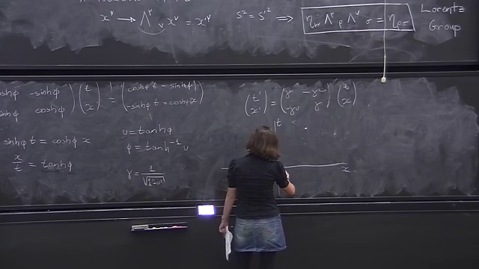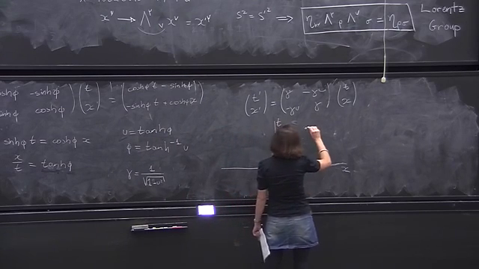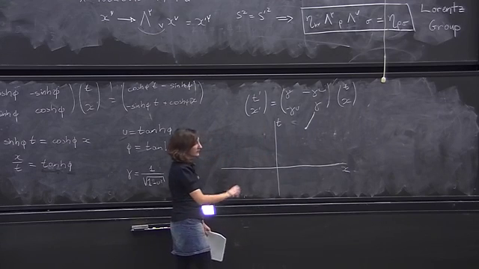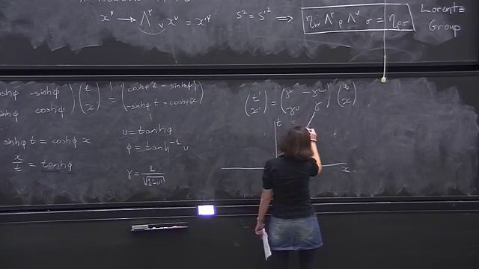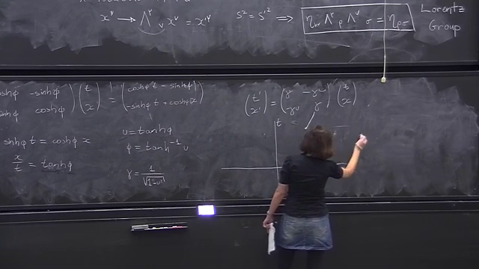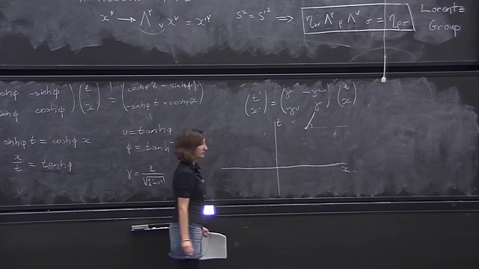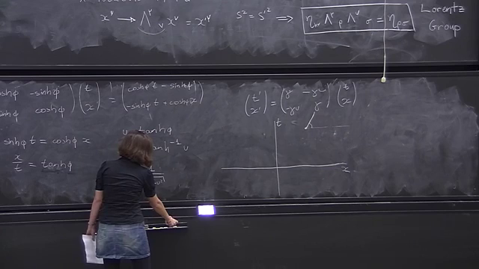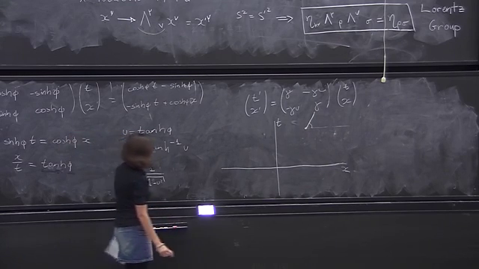So if I start, say, from this point, and I draw a line like this, this is some particle moving with some velocity that I can calculate from the tangent of this angle. Right? Okay, so I can draw a few lines, and you can tell me what they correspond to.